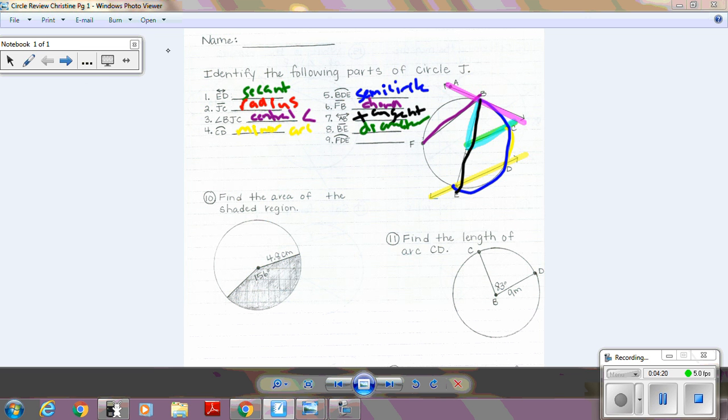And lastly, we're looking at arc F, D, oh, wrong direction, sorry.